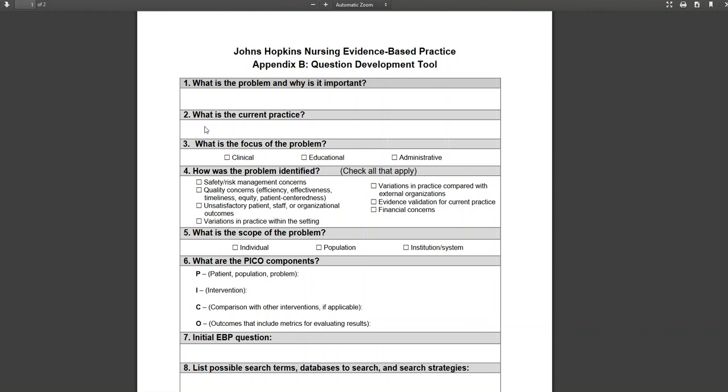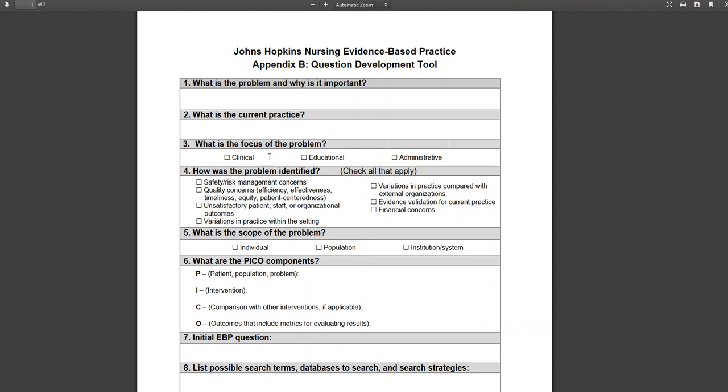But if St. Joe's has an IV change policy, I would say the policy states change IV tubing every 96 hours if it's this, or this. If it's TPN, insulin, or propofol, it needs to be changed every 24 hours. And then you could even say not being followed consistently, or nurses seem unaware of it.